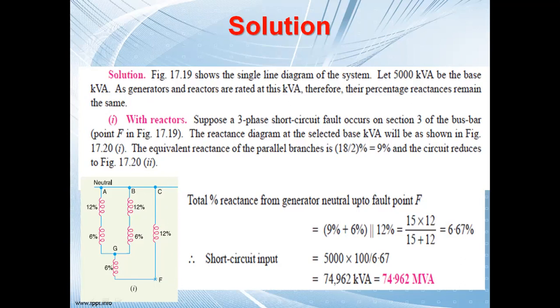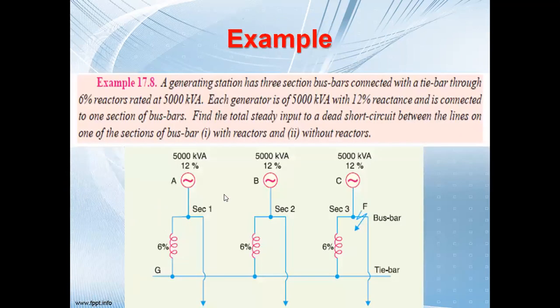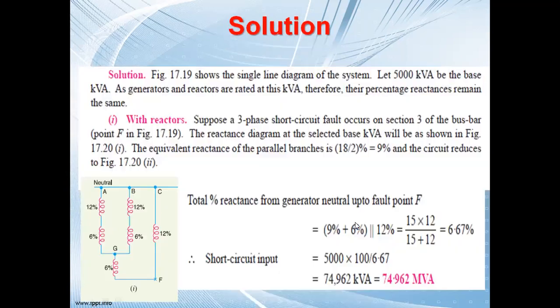Now in this case, you see, this reactance diagram is clear. How we are getting from this diagram to this diagram. Okay, fine. So now we have to calculate the percentage reactance between this point and this point, that is, the alternator and the fault point.